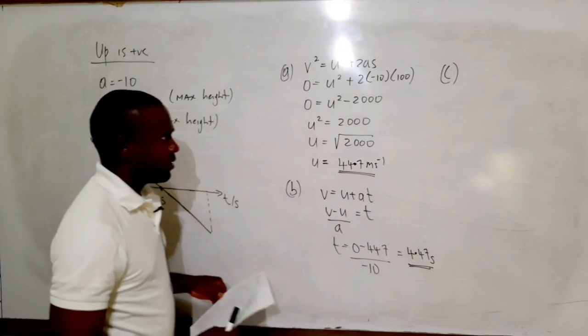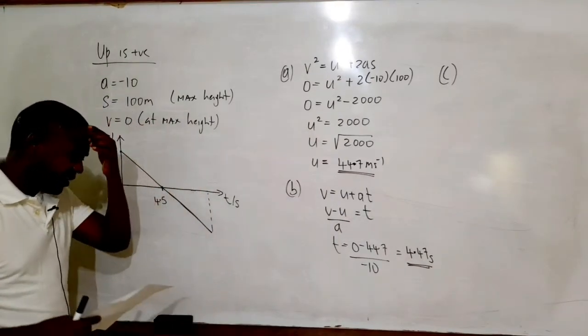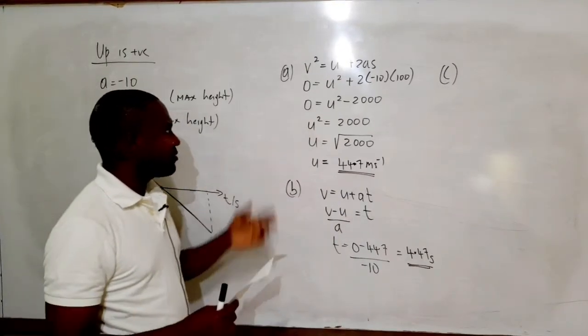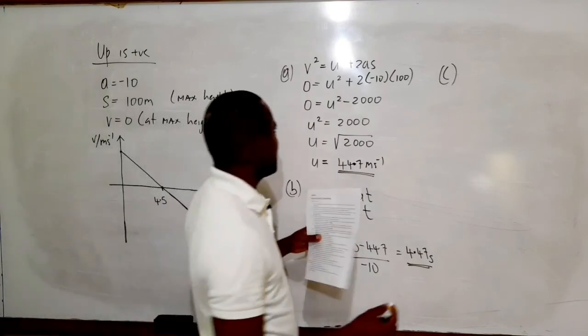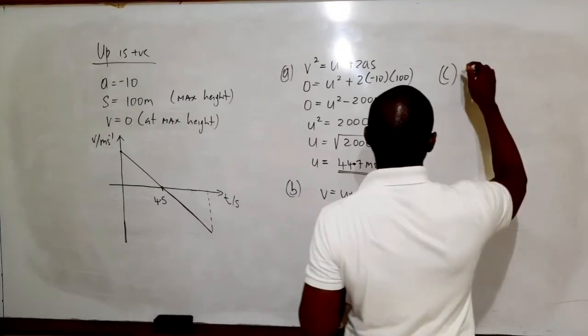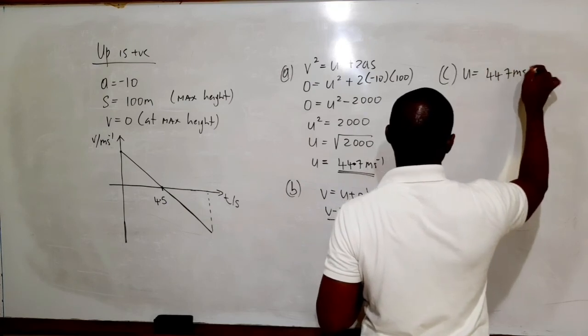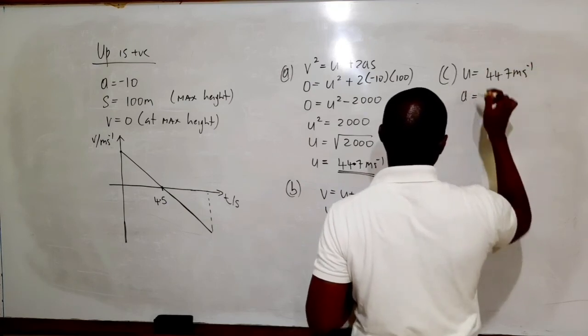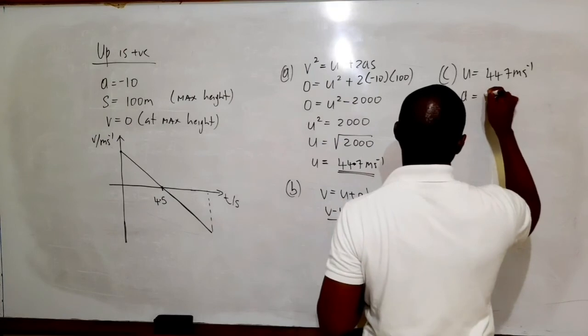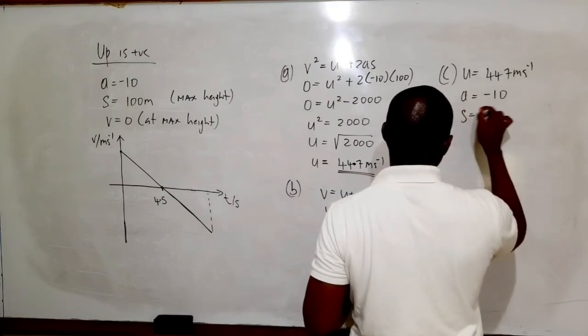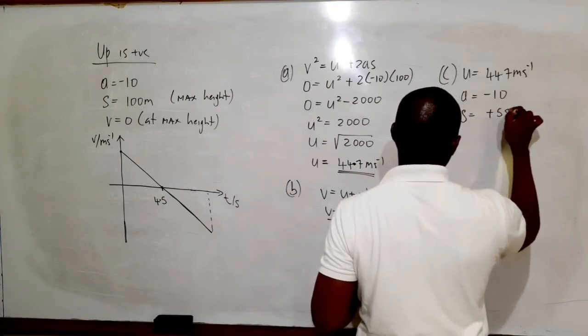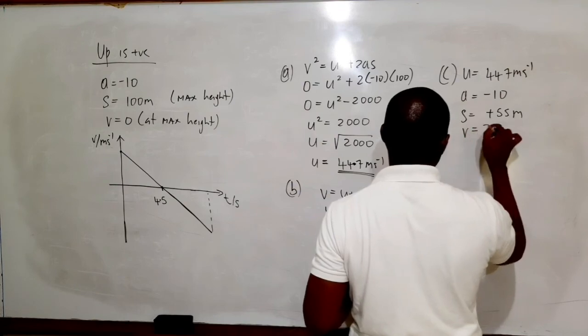Anyways, the displacement is 55. So in addition to what we have from before, I will see what we have which is relevant. We have the initial velocity U, which is equal to 44.7 meters per second. We have A is equal to minus 10, and we have S is equal to plus 55 meters. And we want to find V.